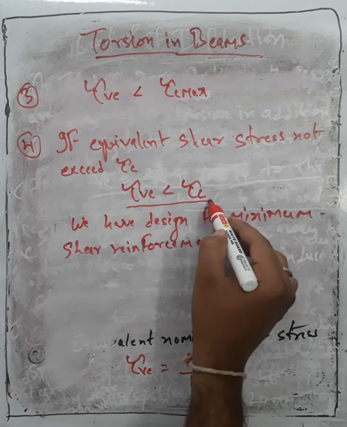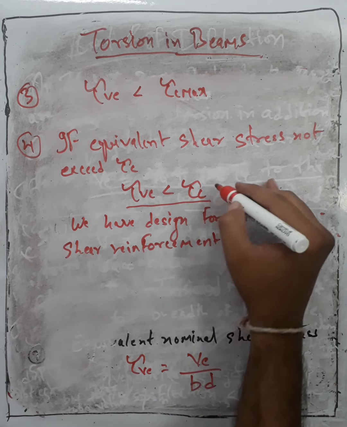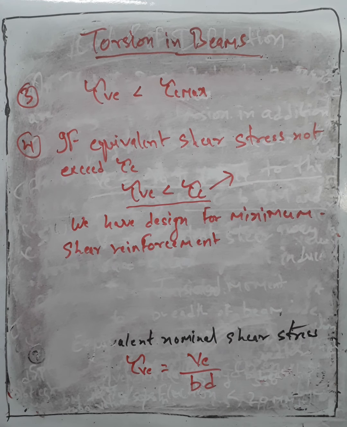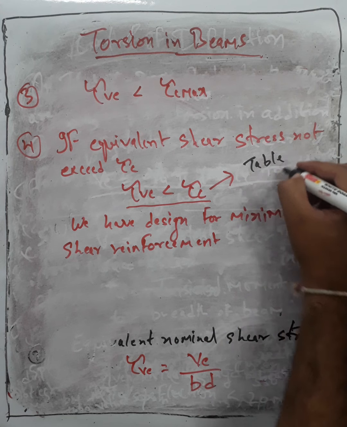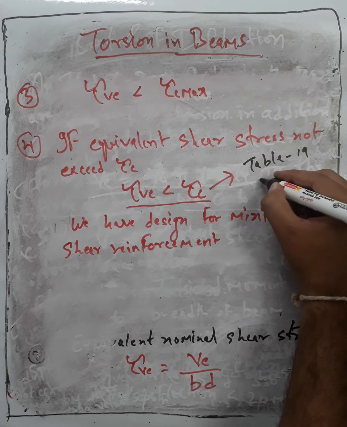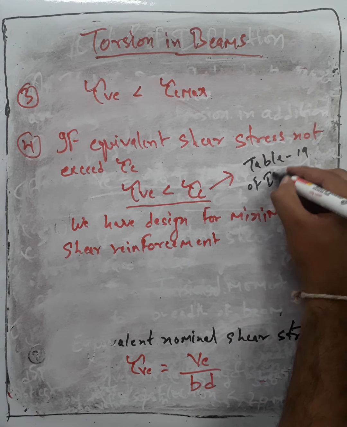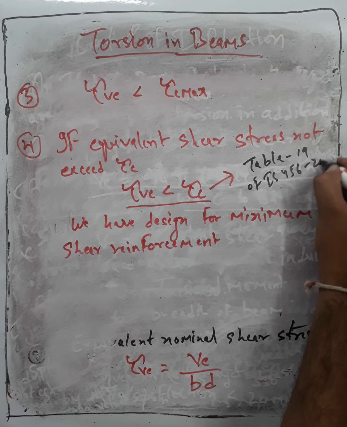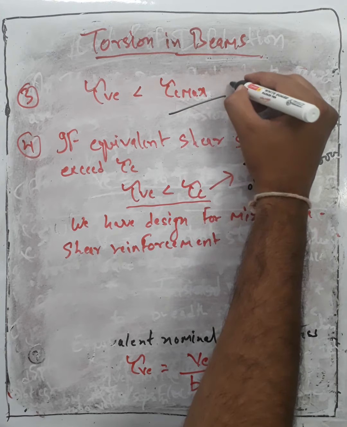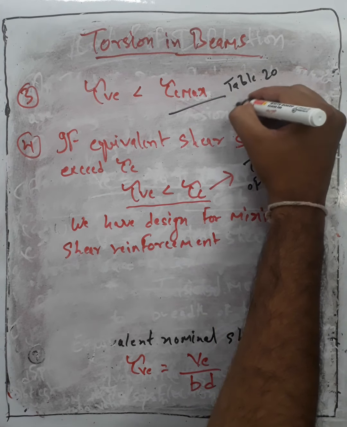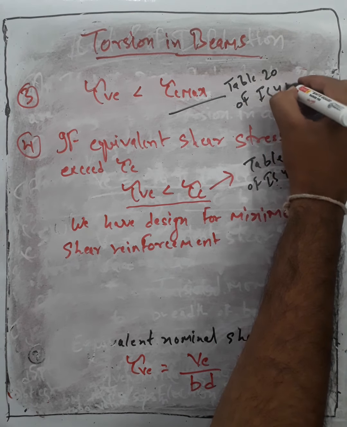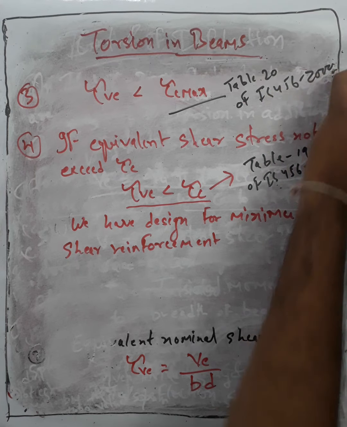When tau V is less than tau C, this tau C you find from table number 19 of IS 456 2000.